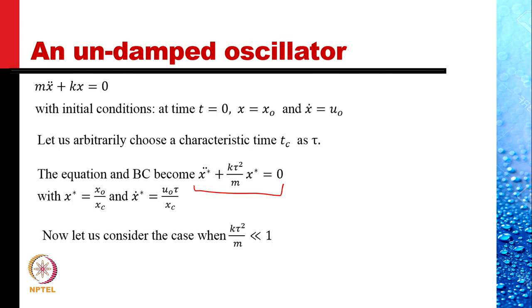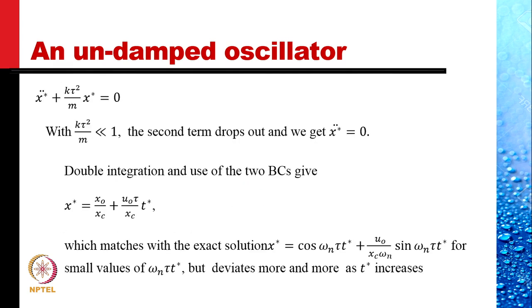Now let us consider the case when k tau square by m is much less than 1. If this is less than 1, this term drops out and we get x star double dot is equal to 0.